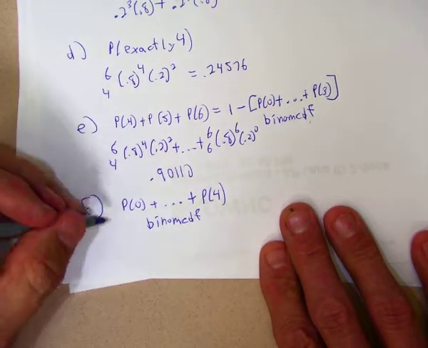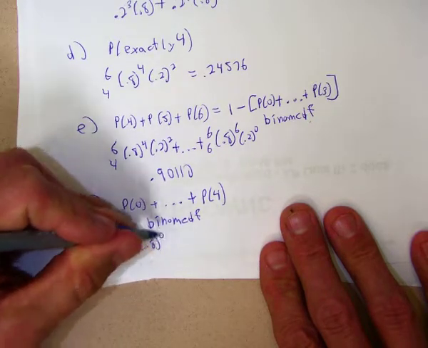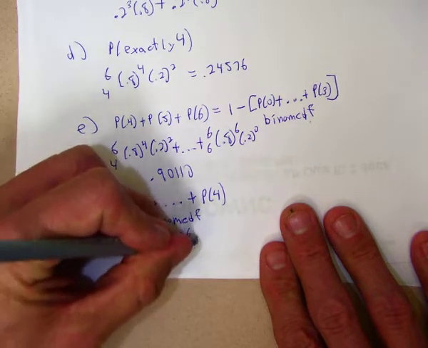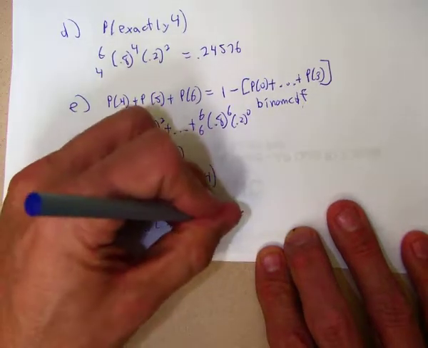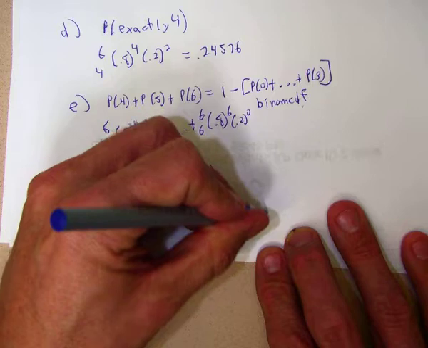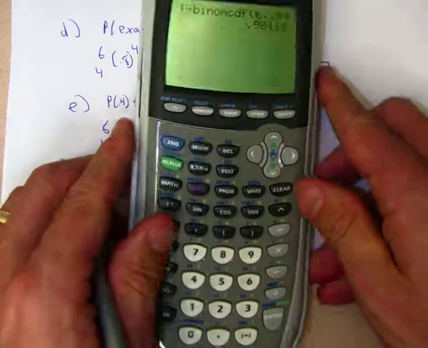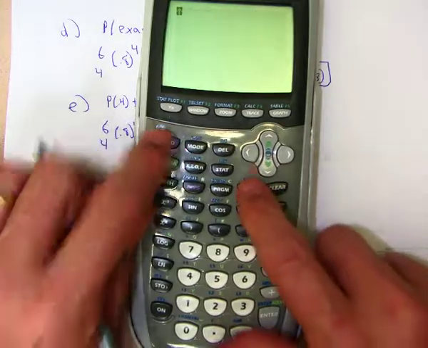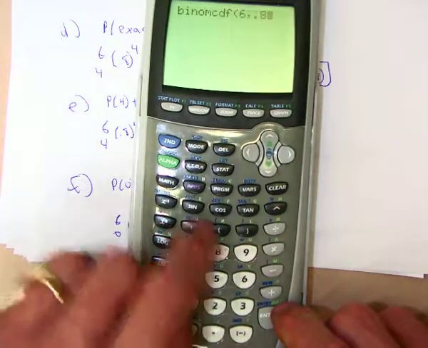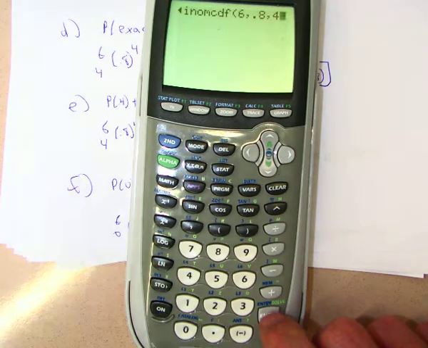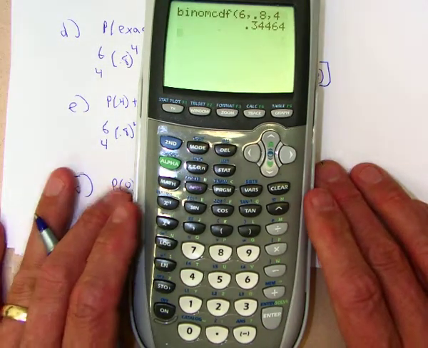So the probability of no bullseyes is 6 choose 0, 0.8 to the 0, 0.2 to the 6th, all the way up to 6 choose 4, 0.8 to the 4th, 0.2 to the 2nd. And all I'm going to do is stick that in the binomCDF. So binomCDF, 6 comma 0.8 comma 4. And that binomCDF will add from 0 to 4 for me, and I get 0.34464.